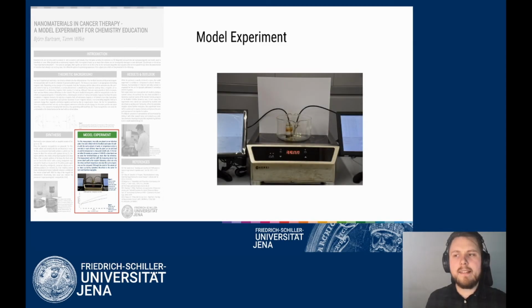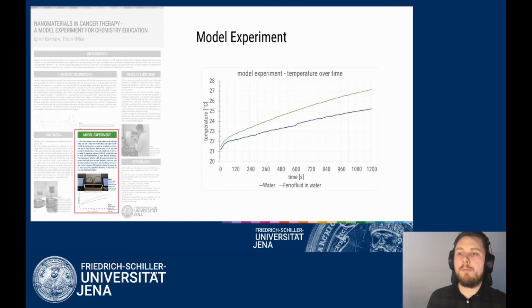As you can barely see on the screen, the power of the induction hob is 3,500 watts. And after 15 minutes, we get the following values. As you can clearly see, the temperature for the ferrofluid in water has risen about 2 degrees more than for the reference. So we can measure a difference through the induction in the ferrofluid.